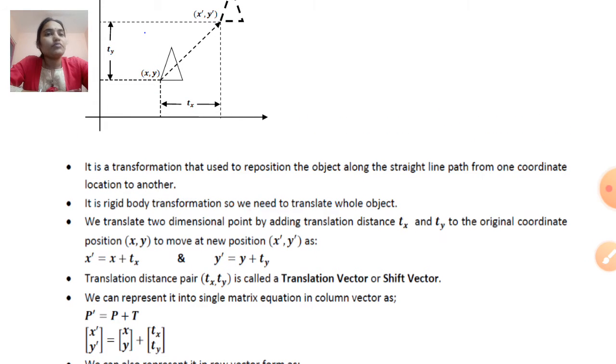It is a rigid body transformation, so we need to translate the whole object. We translate a two-dimensional point by adding translation distances tx and ty to the original coordinate position x, y to move it to a new position x dash, y dash.